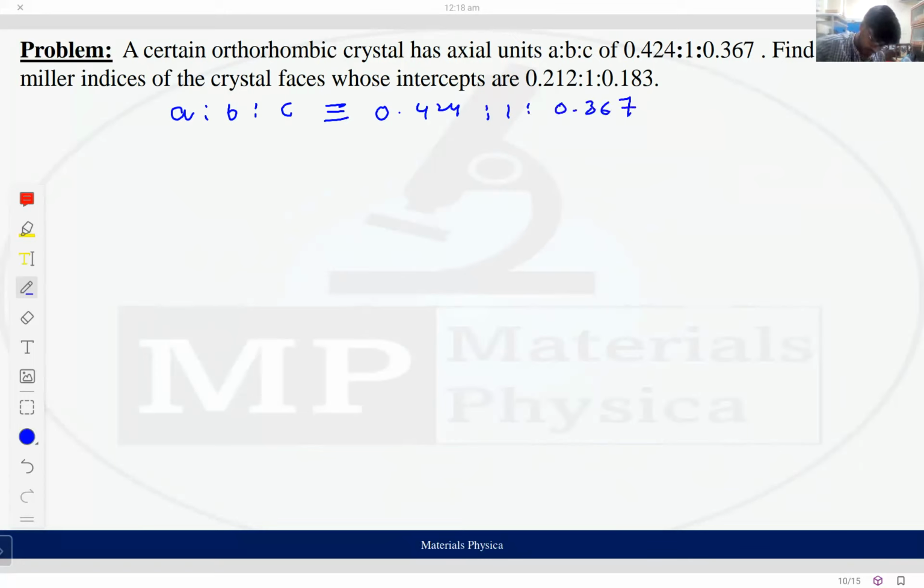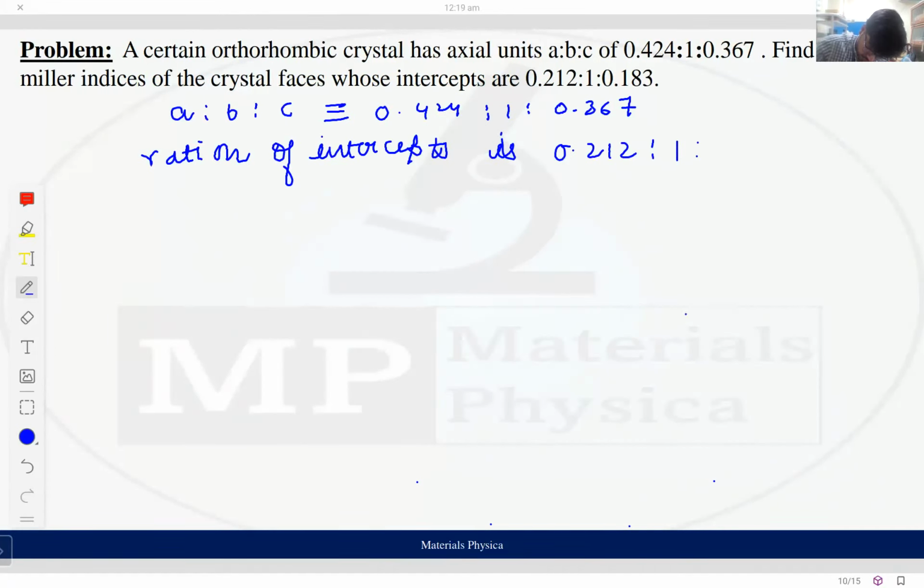Now the ratio of intercepts is 0.212 to 1 to 0.183.